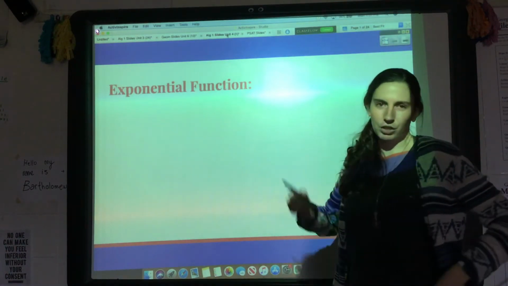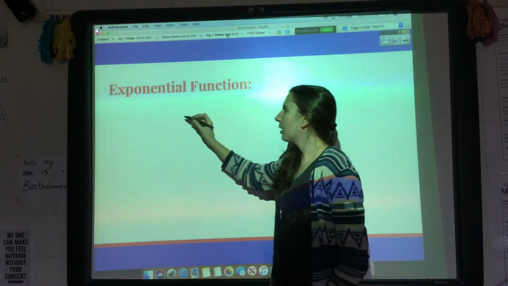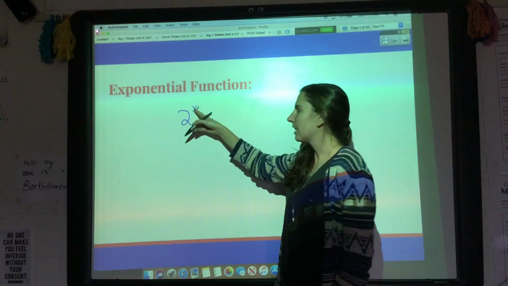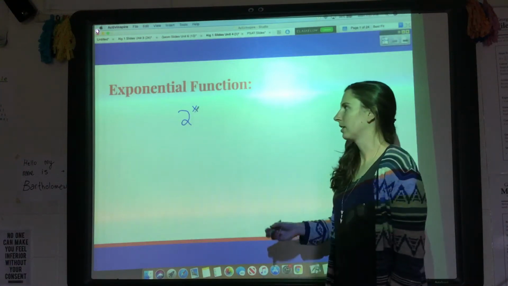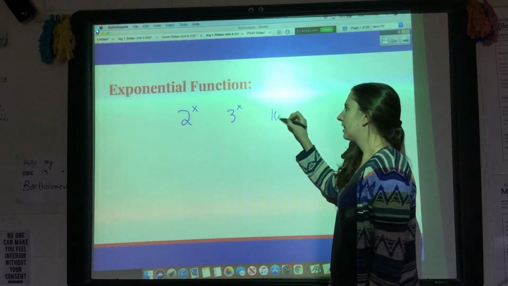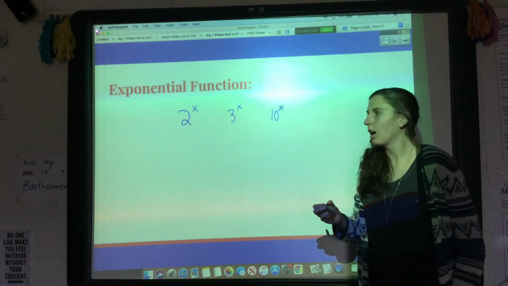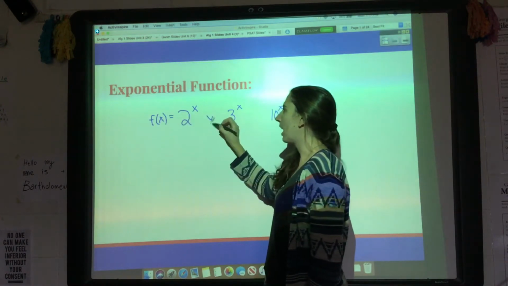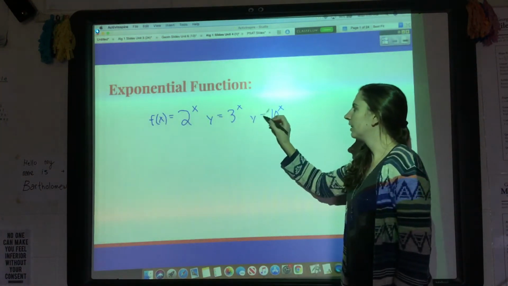An exponential function is basically just any time you have a function where the variable itself is an exponent. So something like 2 to the x, 3 to the x, 10 to the x, those are all exponential functions if we put f of x or the y in front.